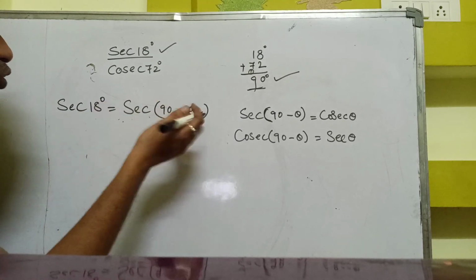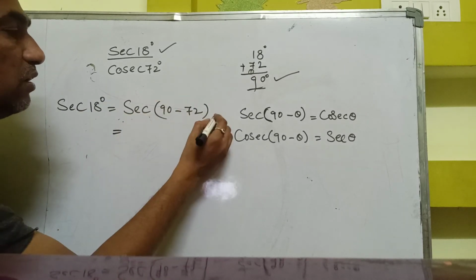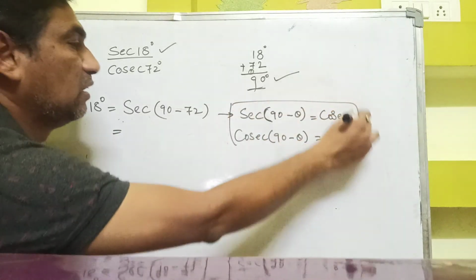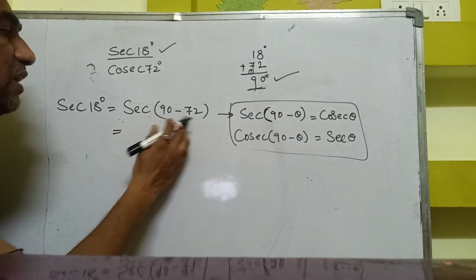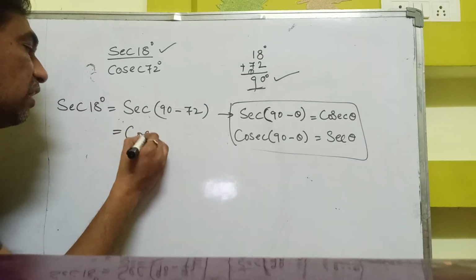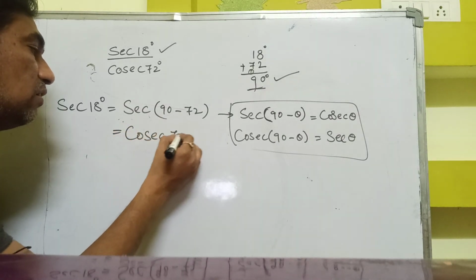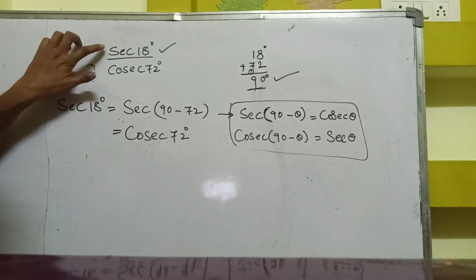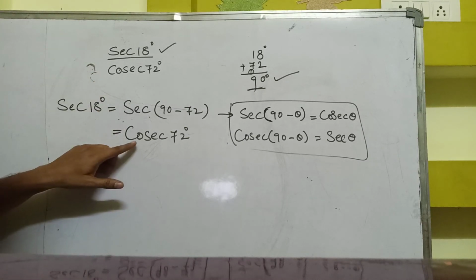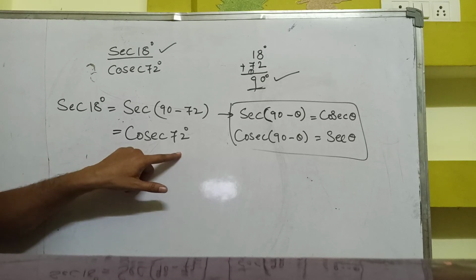No objection here. So according to this formula, complementary angle, sec 90 minus theta becomes cosecant theta, that is 72 degrees. So I understood that in place of secant 18, now I can write cosecant 72. Yes, I can write.